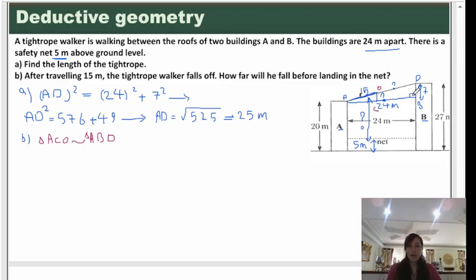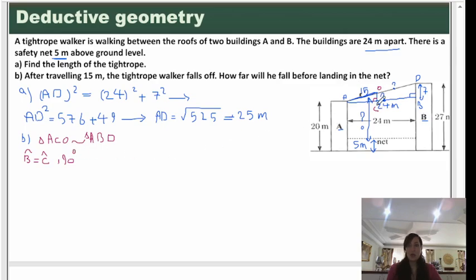First of all, angle B and angle C are both right angles, equal to 90 degrees. Why?